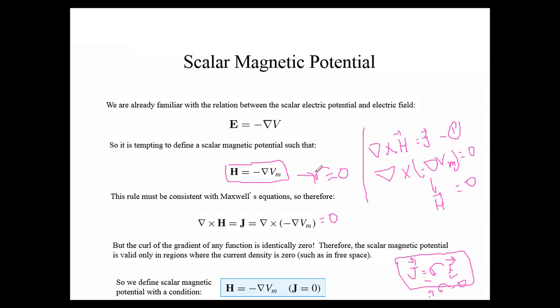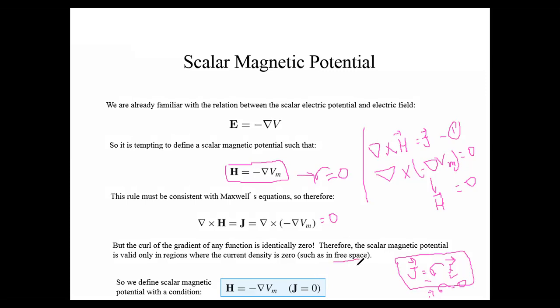You're getting my point? See here, we define a scalar magnetic potential with a condition that J is zero, which means sigma is zero. And sigma is zero means it is a charge free region, like free space.